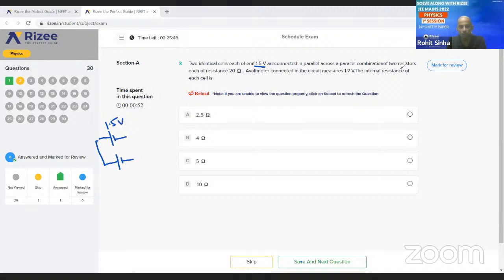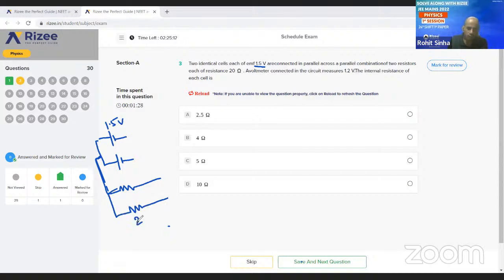It is also telling that the combination is connected to two resistors of resistance 20 ohm each.